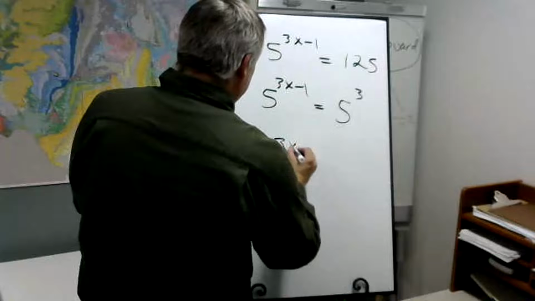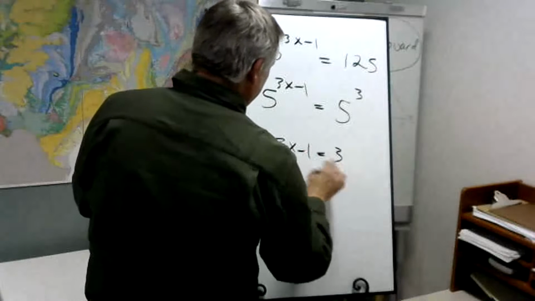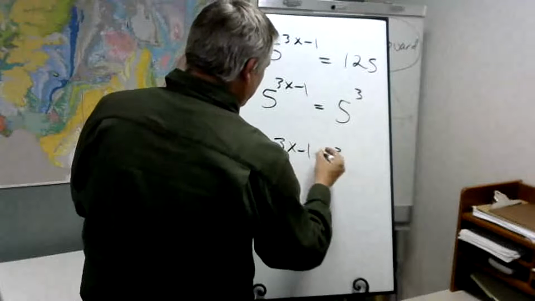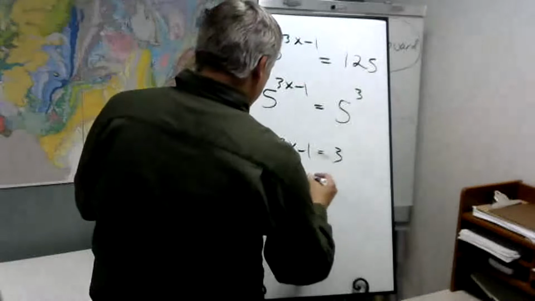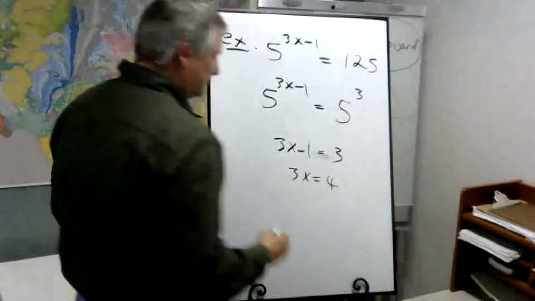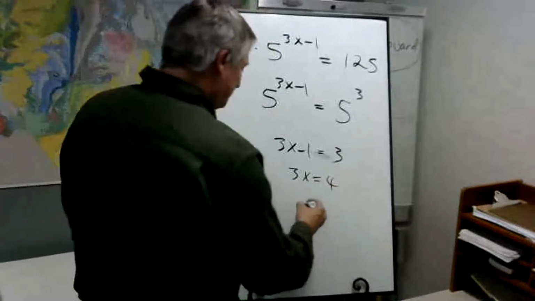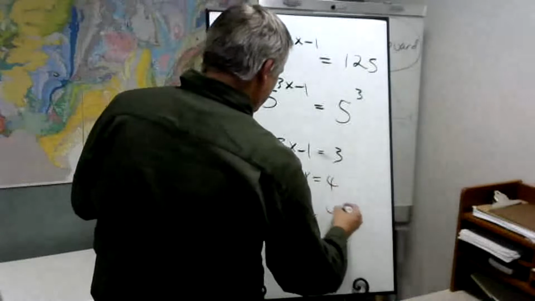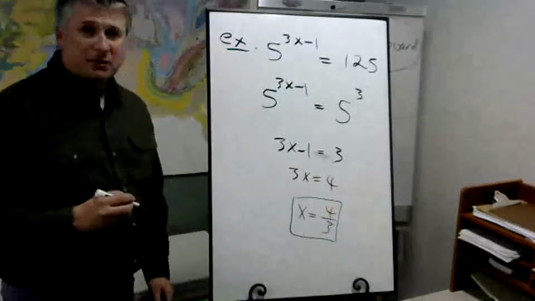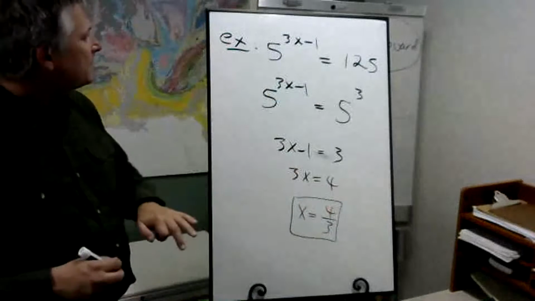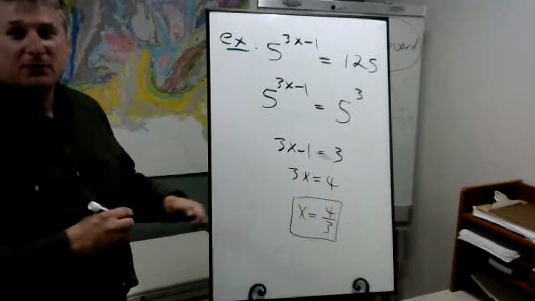So we get 3x minus 1 is equal to 3. Now add 1 to both sides. 3x equals 4. Divide both sides by 3. X is 4/3. And again, you would want to check this on your own. Make sure it's okay. But this one, let's take a look at it. Yeah, this one's going to be fine.